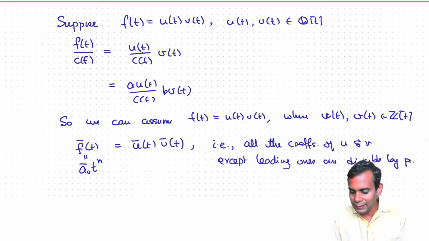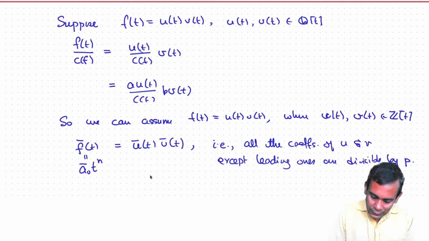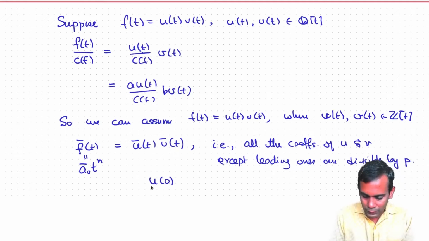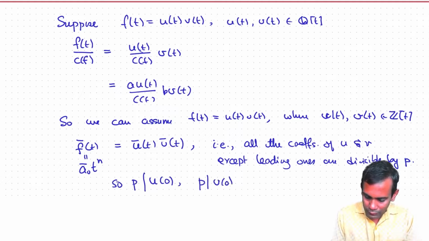Okay, in this factorization we are assuming that u and v are non-constant polynomials. So in particular, that means that u of 0, which is the constant term of u, is divisible by p, and also v of 0 is divisible by p.